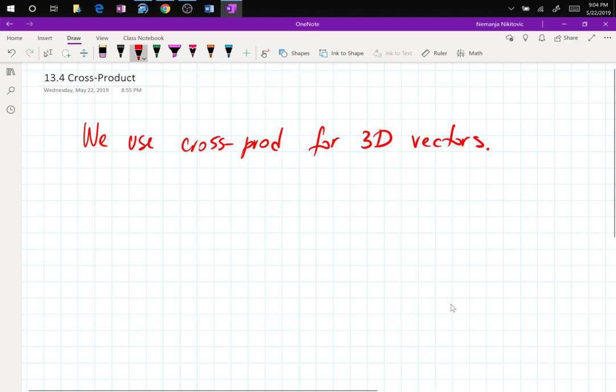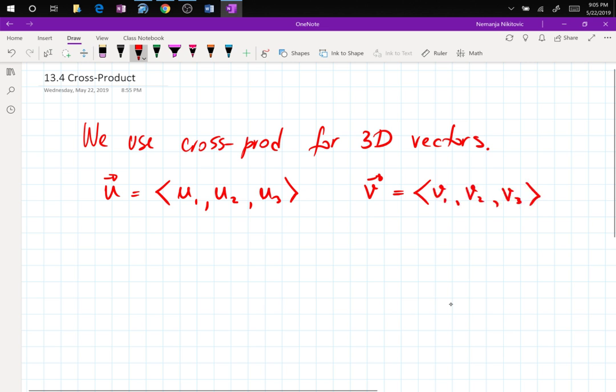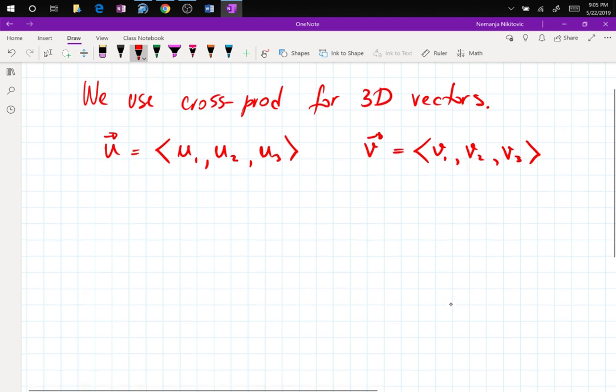So that's that part. Now let's take a look at the way they calculate. Vector u is given with u1, u2, u3, and vector v is given as v1, v2, v3. So these are our vectors.